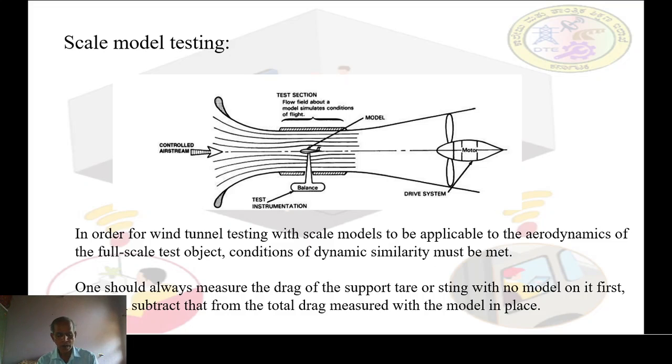One should always measure the drag of the support, tare or sting with no model on it first, and then subtract that from the total drag measured with the model in place. Scale model testing means small models will be tested, and the results will be compared to what applies to the real model.